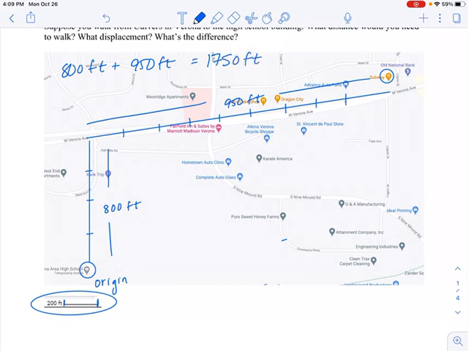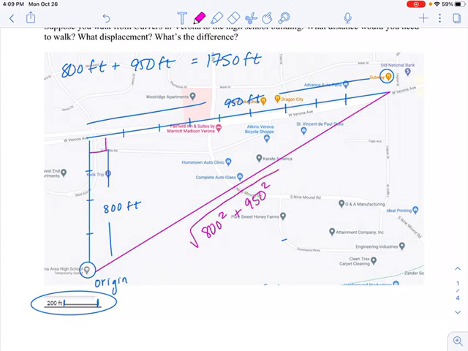But how far have I really traveled? If I were a bird from above, I would say that the distance I traveled is not 1,750 feet. In fact, it would be the hypotenuse of this triangle. It's not a perfectly right triangle, but I'm going to go ahead and use the Pythagorean theorem to estimate the length of this hypotenuse, or this almost hypotenuse.